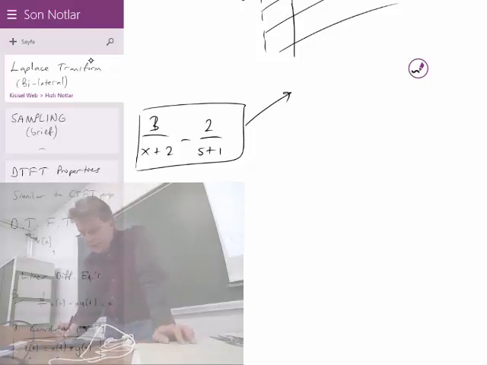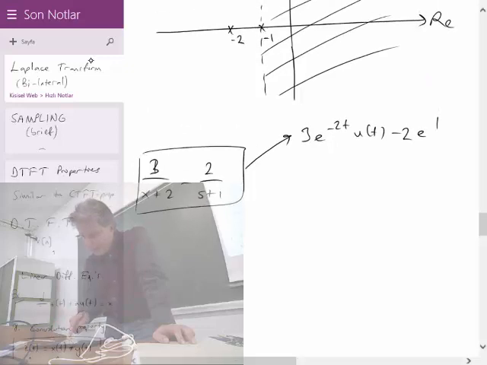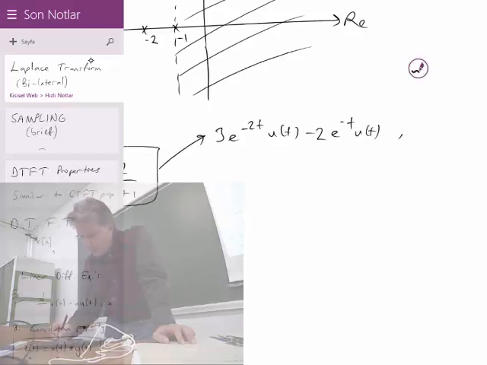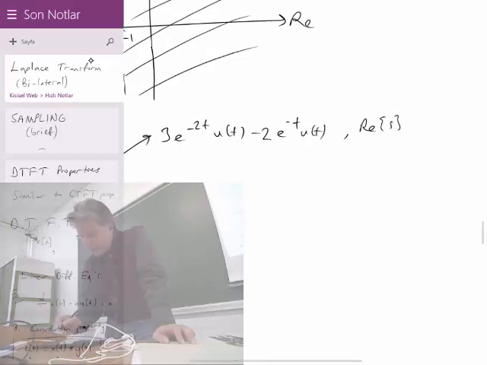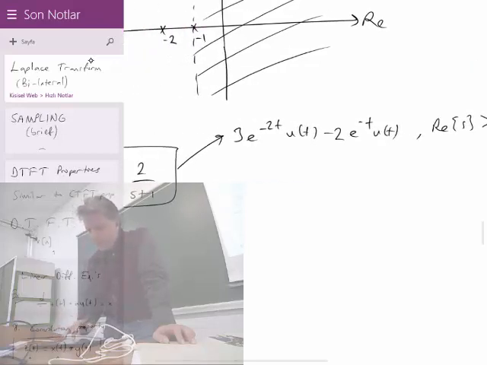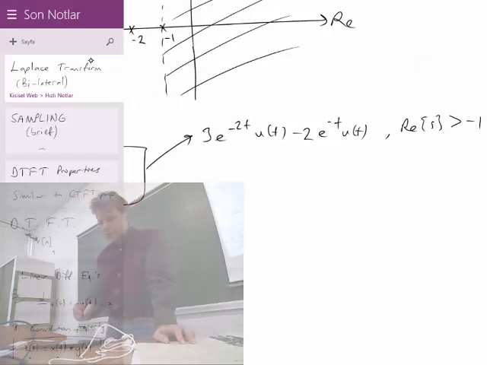One of them is this: 3e to the minus 2t u of t minus 2e to the minus t u of t. And the region of convergence corresponding to this is real part of s is greater than -1. But we may have others. What are they?